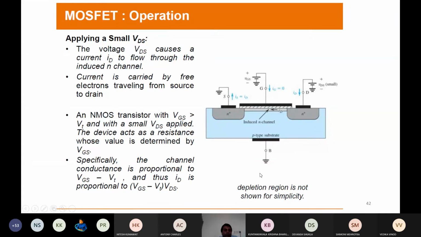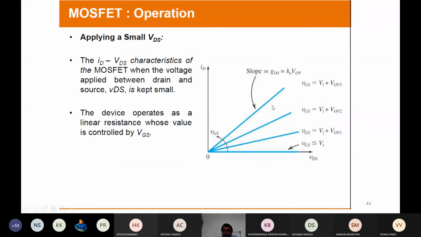The voltage VDS causes some current ID to flow, the channel is already present, and the current is carried by electrons flowing from the N plus source to the drain, while the current flow is assumed opposite to that. For an NMOS transistor with VGS much greater than VT and VDS small enough, that is, VDS less than VGS minus VT, this is the requirement for the linear region, and we get this type of graph.